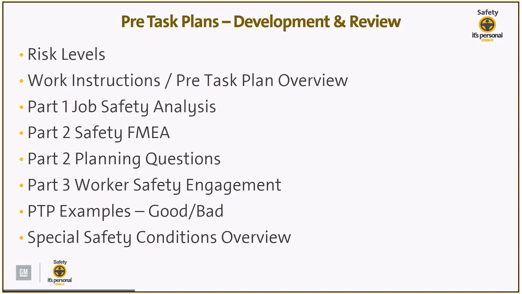We're going to look at the different sections of the pre-task plans and what those should look like if you are accepting or rejecting them, such as Part 1, which is the job safety analysis, Part 2, which is the planning questions, Part 2, the safety FMEA, Part 3, worker engagement, and then we're going to look at some examples of good versus bad pre-task plans and why they are good or bad. Then we're going to look at some overview of the risk mitigations that are found in GM special safety conditions.